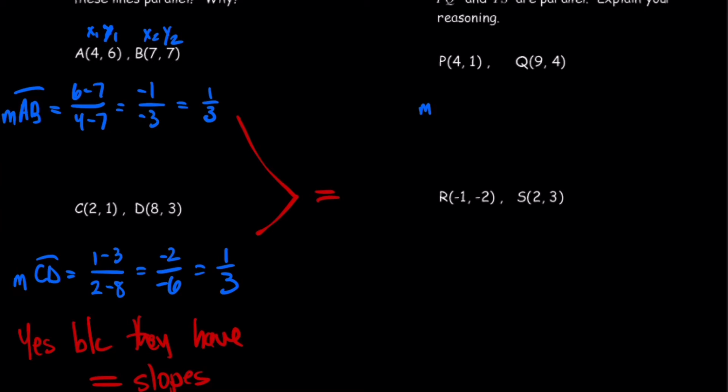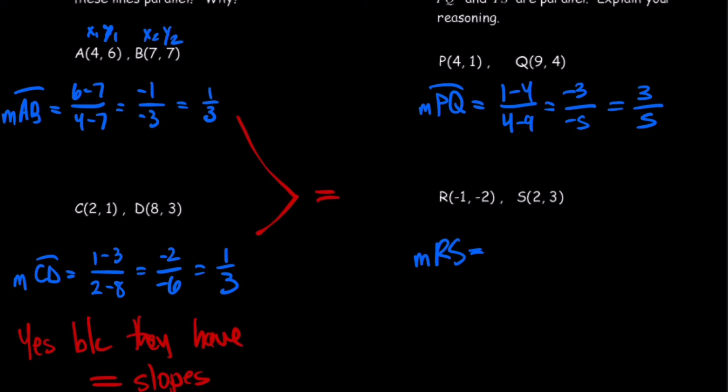PQ, so let's find the slope of PQ. That will be y minus y, in this case 1 minus 4, over x minus x, 4 minus 9. So 1 minus 4 is -3, 4 minus 9 is -5. That slope is 3/5 when you cancel the negatives. And the slope of RS, -2 minus 3 over -1 minus 2. So -2 minus 3 is -5, -1 minus 2 is -3.